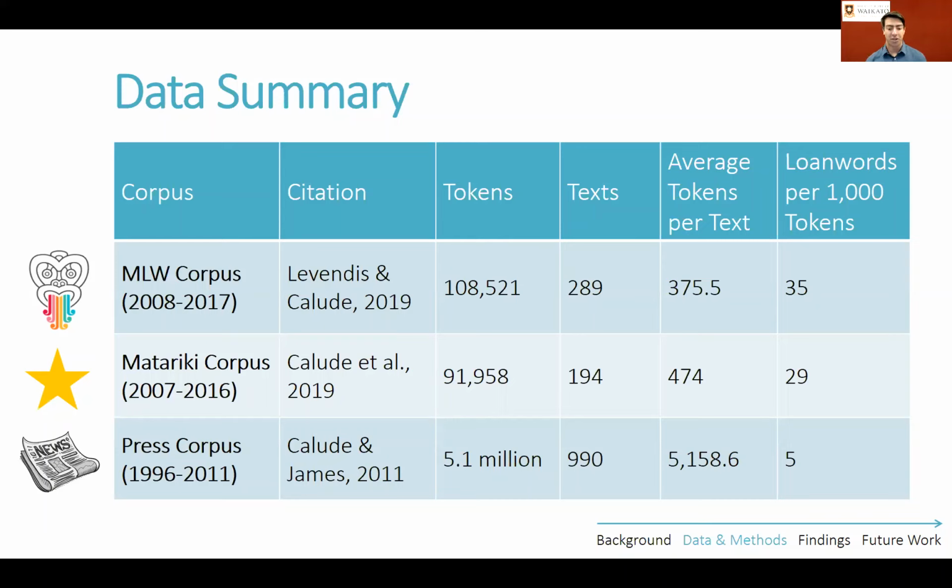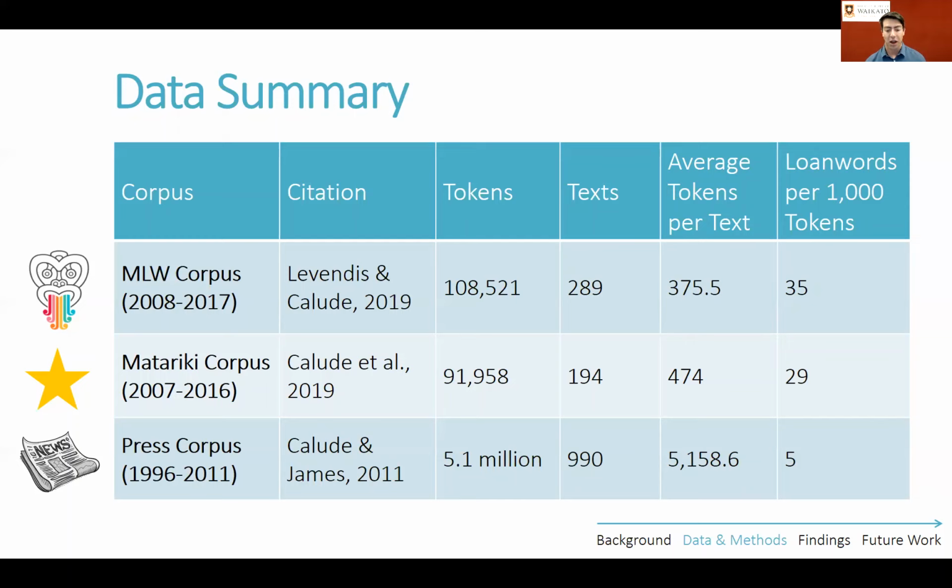The first 2 corpora listed here, the Māori Language Week, or MLW corpus, and Matariki corpus, are constrained by topics related to Māori language and culture, which means they're skewed towards high loanword use in general. Furthermore, because of the way they were sampled, these corpora also privilege a small number of loanwords over all others. So for instance, all texts in the Matariki corpus necessarily contain the loanword Matariki.